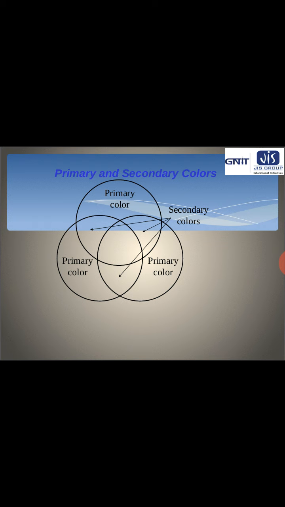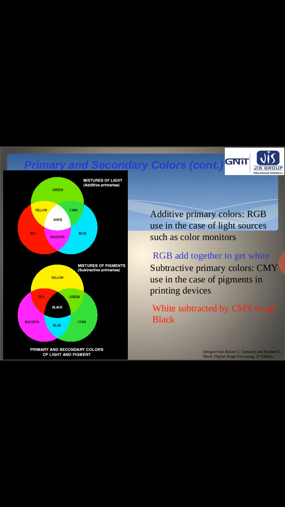The common portions which overlap are known as the secondary colors, but the separate or identical parts are known as the primary colors. This is the example of the primary and secondary colors which we have given in the previous slide.